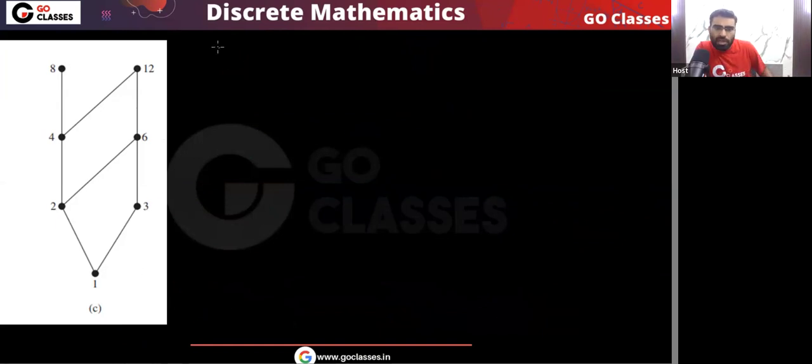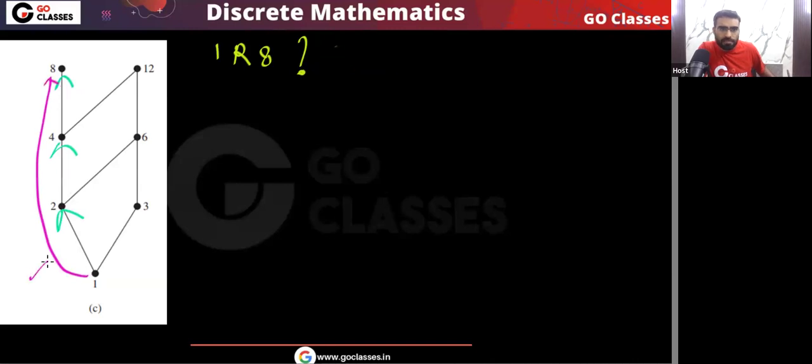Yes, that is true, because there is an upward path from 1 to 8. You can easily see this is an upward path because all the directions are upward. So I can say 1 is related to 8.